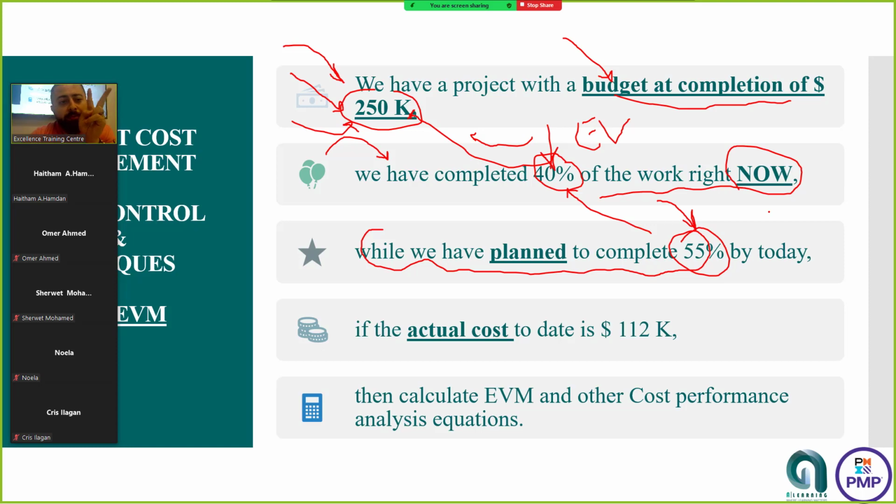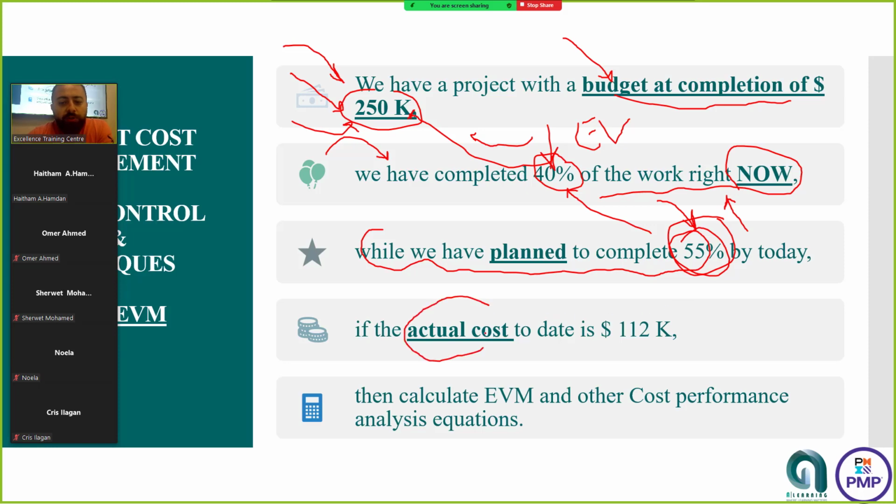Two words to describe the situation. Behind schedule or ahead of schedule? No, behind. We are way behind schedule, right? And maybe, we don't know, we have a cost overrun, right?